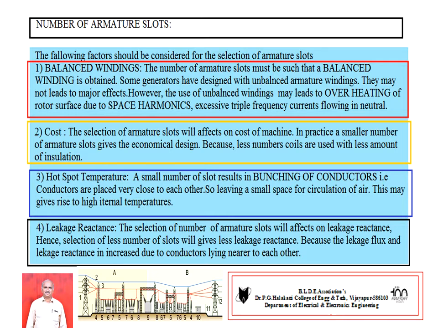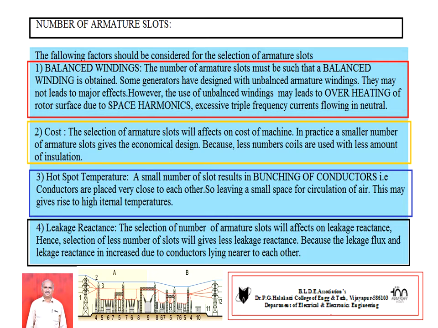Underline. In some special cases, unbalanced winding is also preferred. It is a rare case, but in standard process, balanced winding should be obtained, because the unbalanced winding will cause overheating effect on rotor surface due to space harmonics and excessive triple frequency currents flowing through the neutral point.